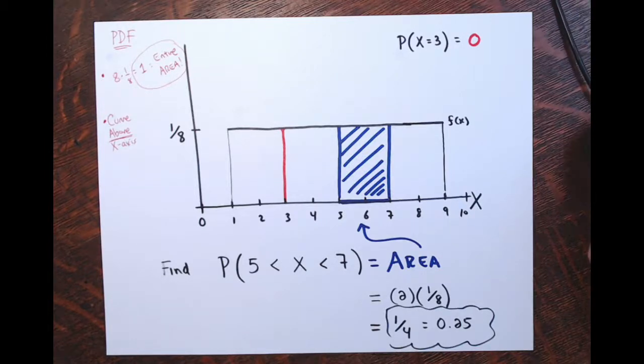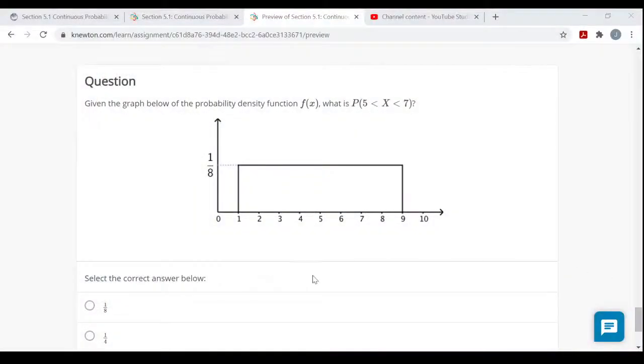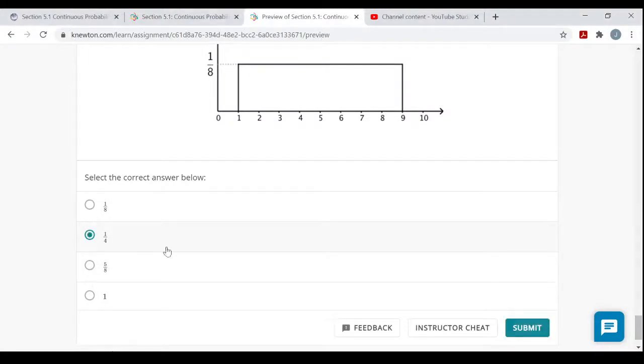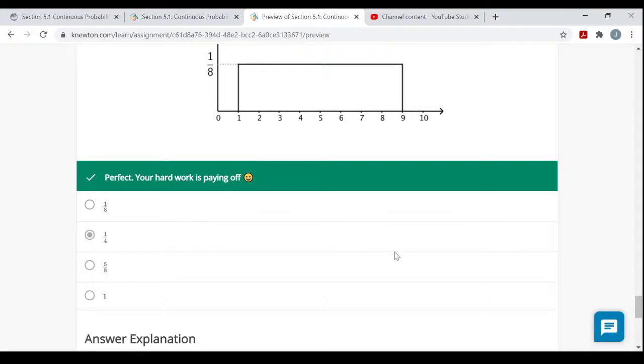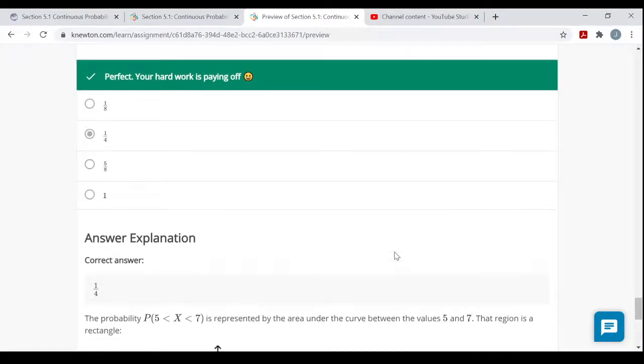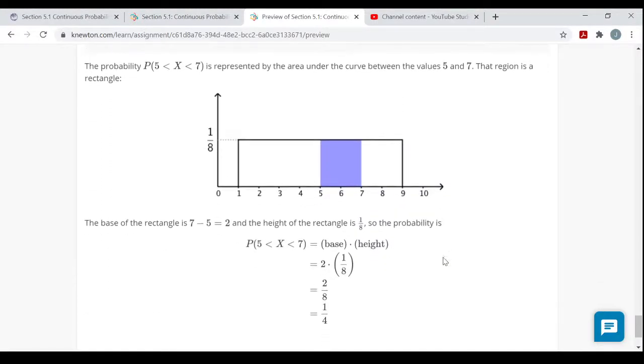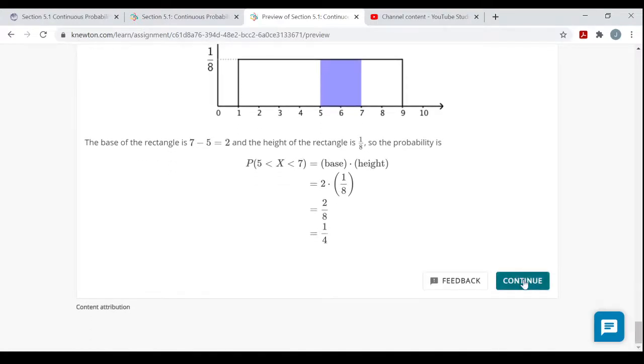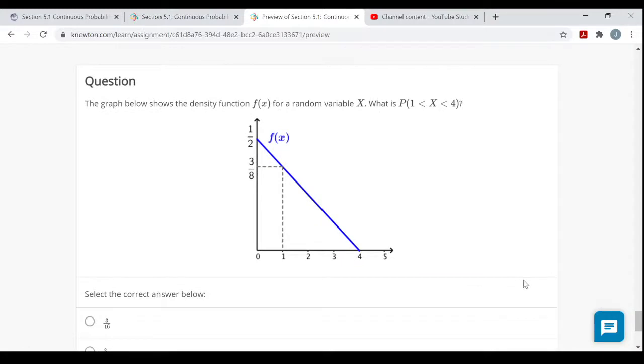I have a 1 in 4 chance of that happening. So here, just 1/4. Probability equals area when it comes to these continuous density functions. They show basically the same picture I drew. And I think that's all these problems really are.